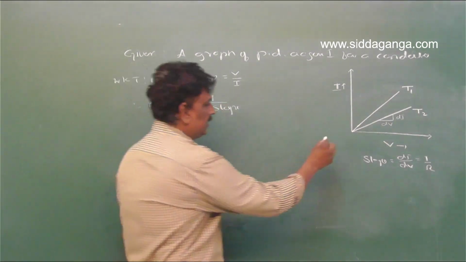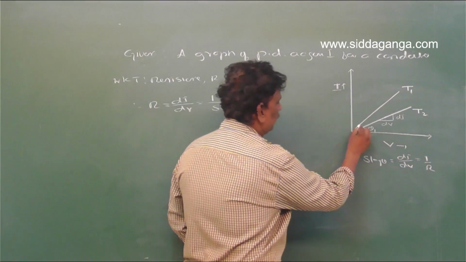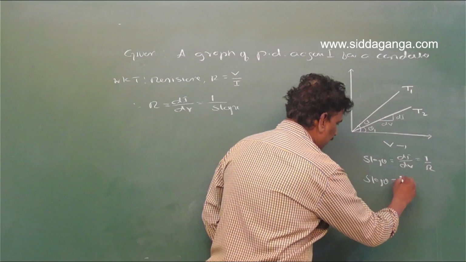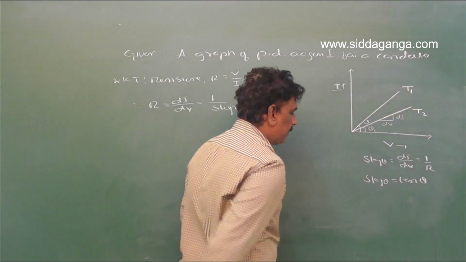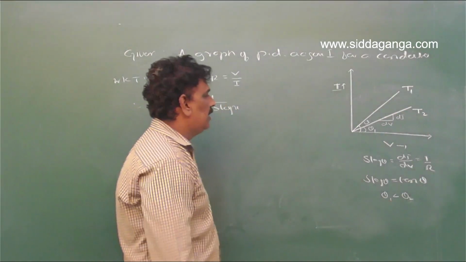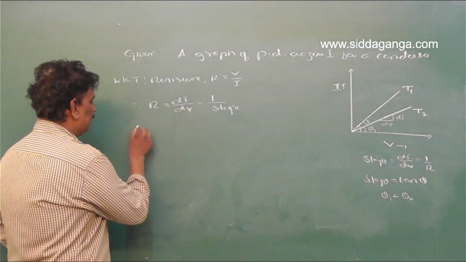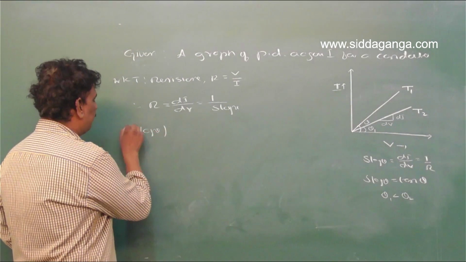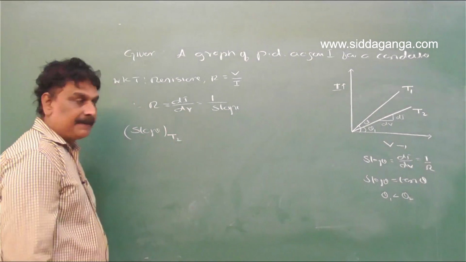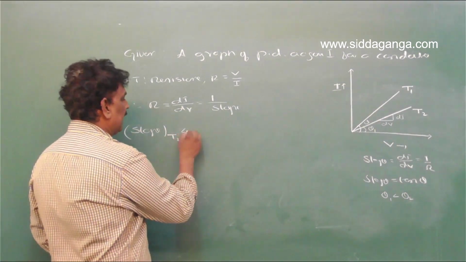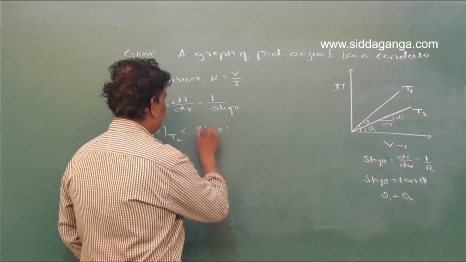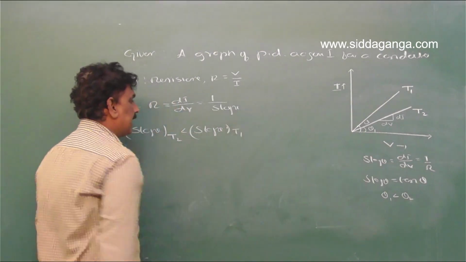Now this is theta 1 and this is theta 2. We have slope equal to tan theta. So here we have theta 1 less than theta 2. Therefore the slope for temperature T2 is less than the slope for temperature T1.